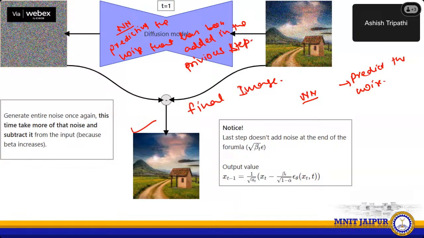Now the question is, what should be the structure of that neural network? Let us see what structure will be best suited to predict the noise that has been added in the previous step.